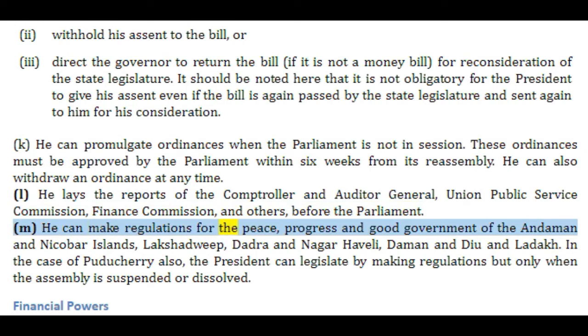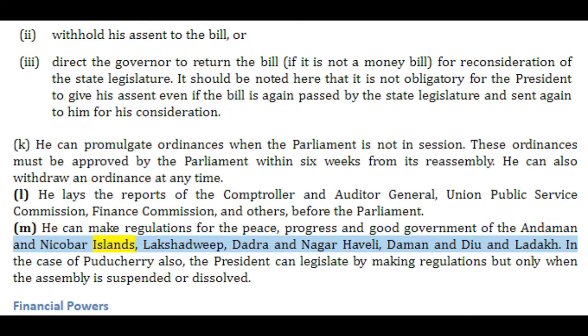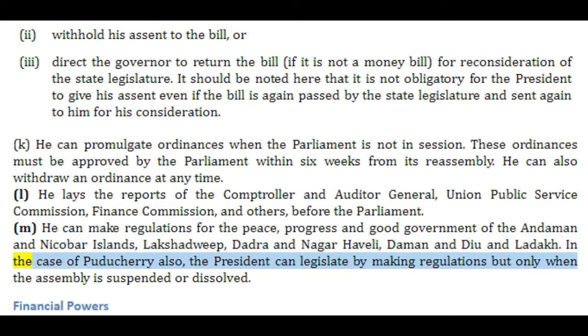He can make regulations for the peace, progress and good government of the Andaman and Nicobar Islands, Lakshadweep, Dadra and Nagar Haveli, Daman and Diu and Ladakh. In the case of Puducherry also, the President can legislate by making regulations, but only when the Assembly is suspended or dissolved.